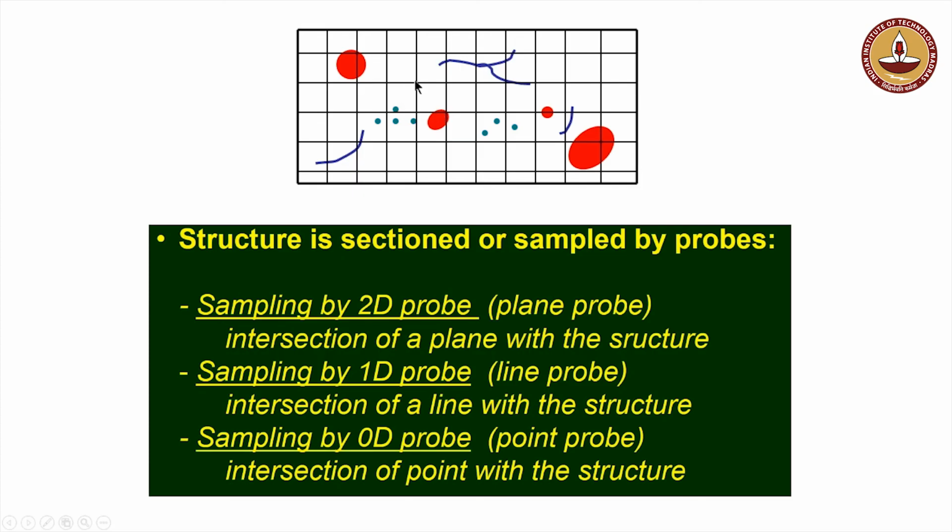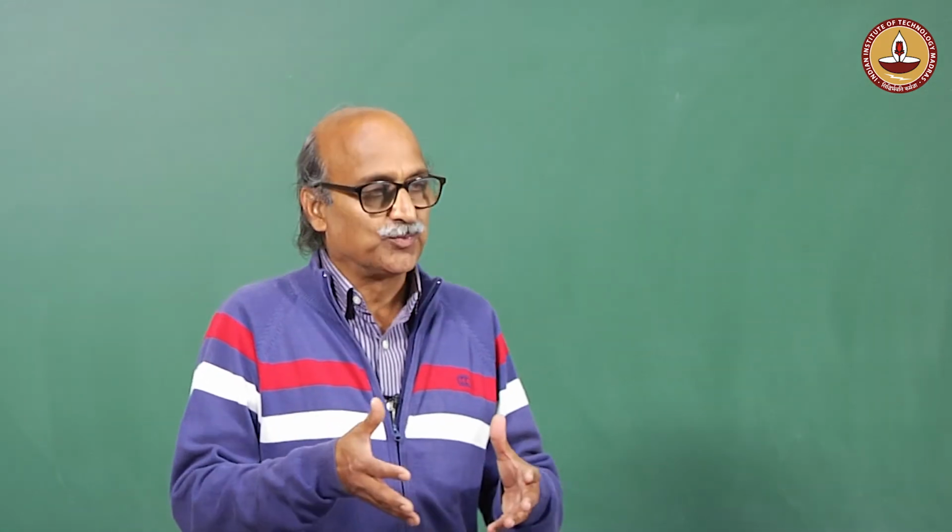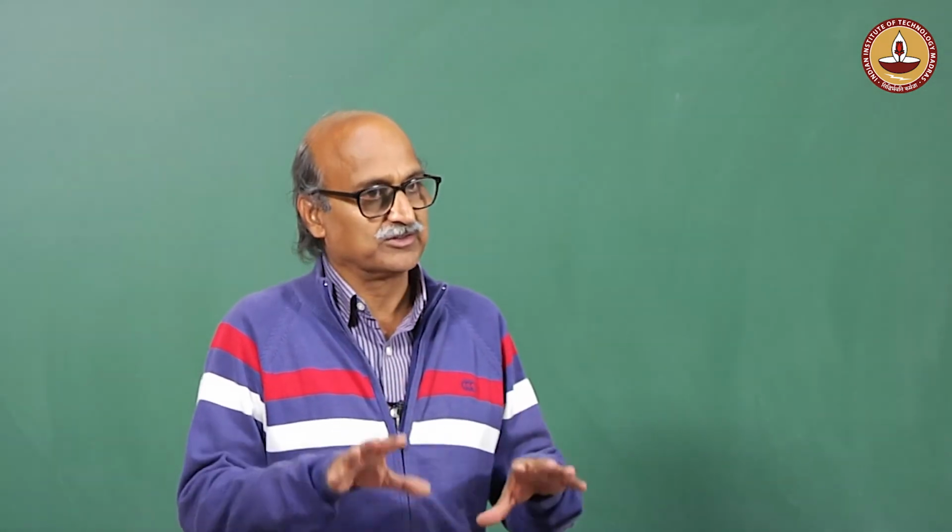Just like with a plane probe and a line probe, I can look at the intersection of these points with the structure. For example, I am only interested in how many points intersect the particles. This is one intersection with the particle, this is another, and this is another. So, I use these probes in order to understand the structure.